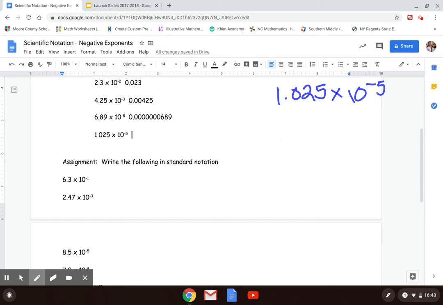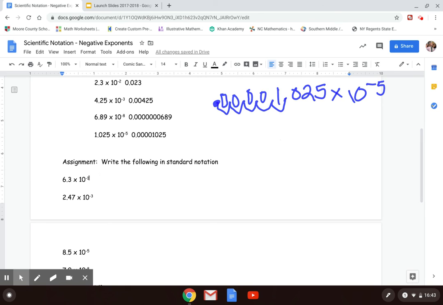I'm going to move my decimal 5 places to the left: 1, 2, 3, 4, 5 places, and put my 0 there and my decimal there. Then in each of these I put a 0 as a placeholder. That would be my answer written in standard form: 0.00001025.